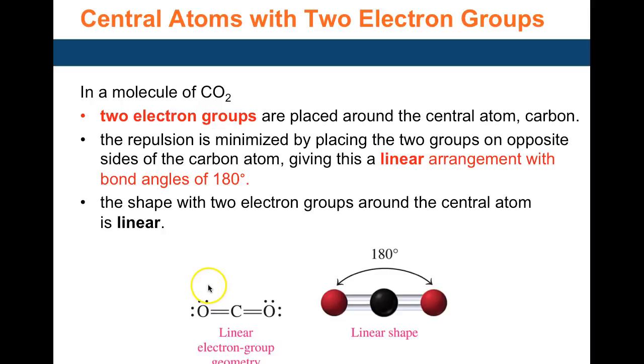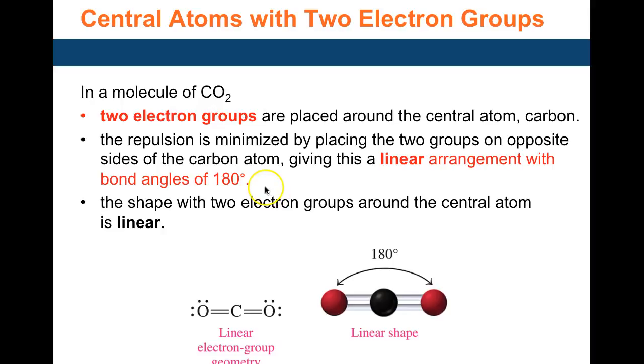All right, so here we see a molecule of carbon dioxide. Now, in VSEPR theory, you treat a double bond as one electron group. So this double bond here would be one electron group, and this double bond here would be another electron group. So carbon, the central atom in CO2, has 2 electron groups.